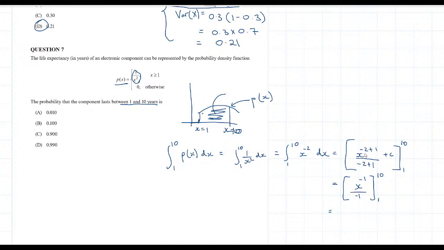So x to the power of negative 2 plus 1 is just x to the power of negative 1, over negative 2 plus 1, which is negative 1. Okay, so now we can bring that x to the power of negative 1 to the bottom by making it 1 over x to the power of just 1. And we're still dividing this by negative 1, and all that does is make our fraction negative. So we want to solve that for between 1 and 10.